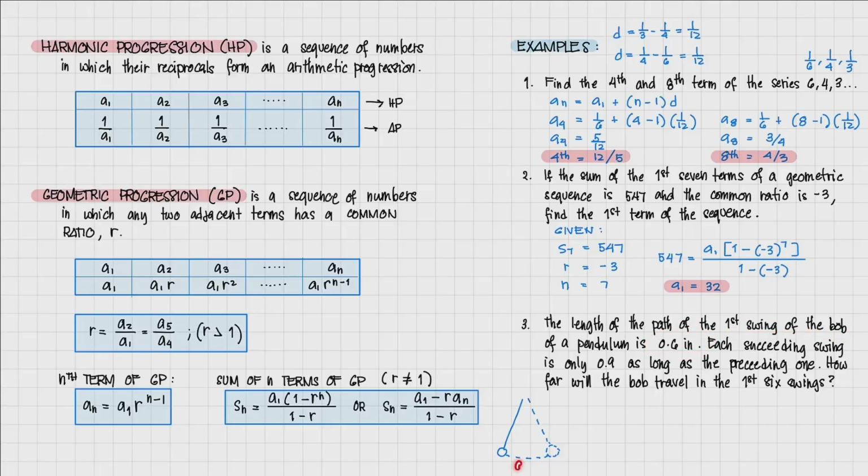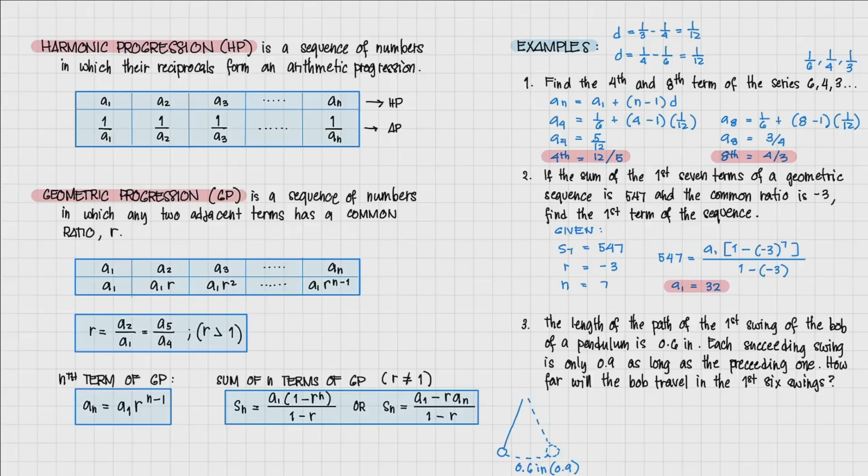So this is 0.6 inch. And then the next statement: each succeeding swing is only 0.9 as long as the preceding one. So the second swing would be 0.6 inch times 0.9.